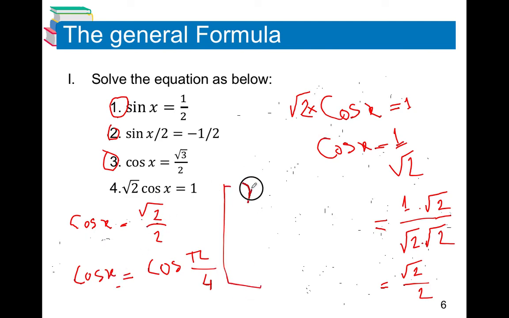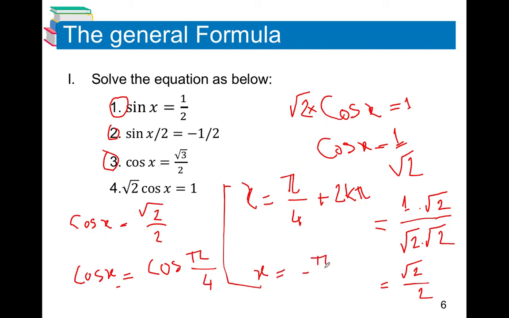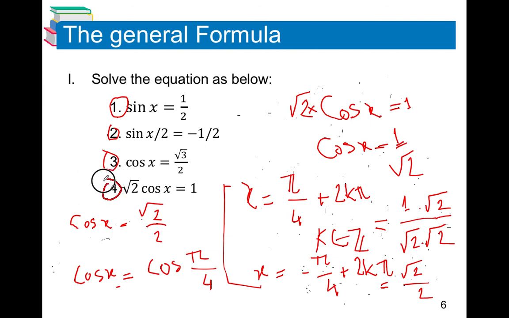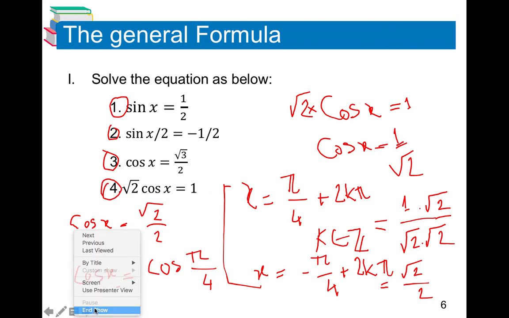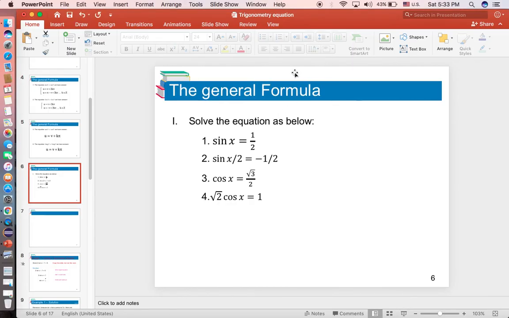We have h equals pi over 4 plus 2k pi, and one more answer is h equals minus pi over 4 plus 2k pi. But the condition of k is that k is an integer, from Z. This is the four exercises I wanted to show you, and you can follow this video. If you have any question, you can ask me below in this video. Thank you for watching.